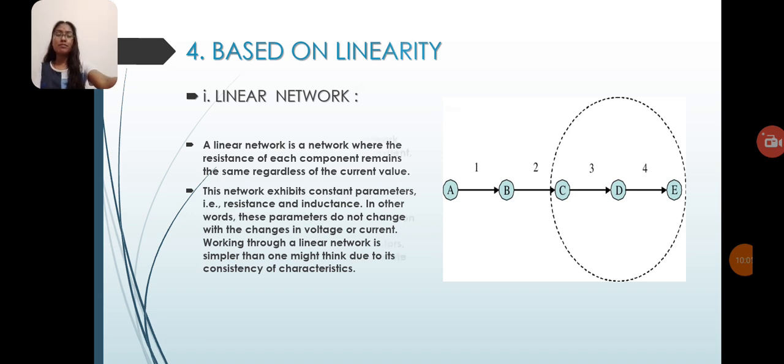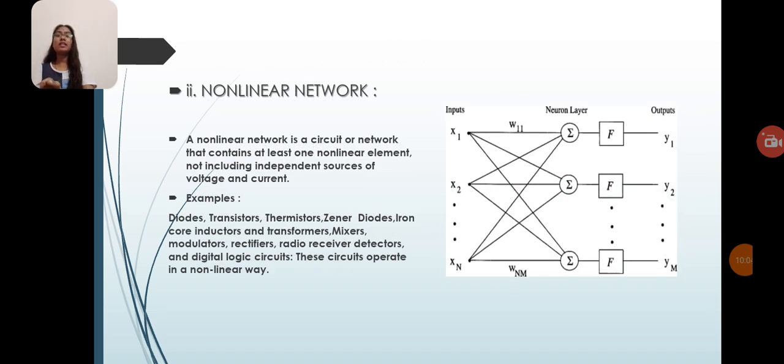Here the second one is nonlinear network. A nonlinear network is a circuit or network that contains at least one nonlinear element, not including independent sources of voltage and current.